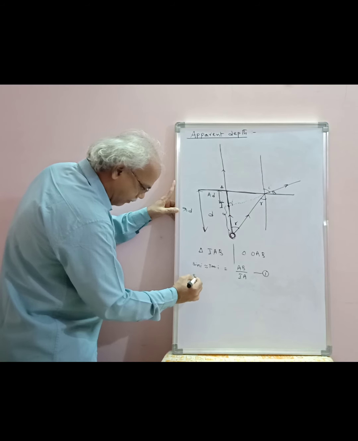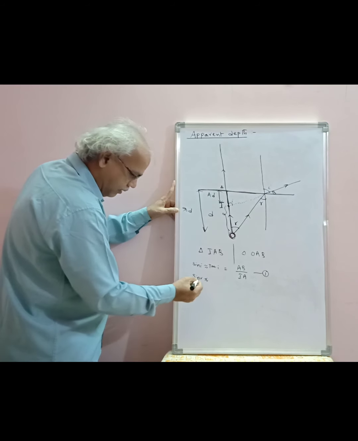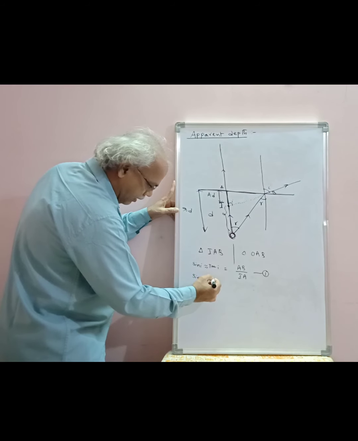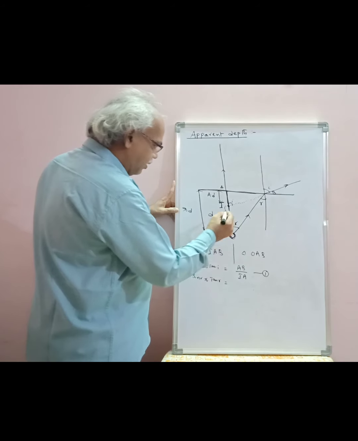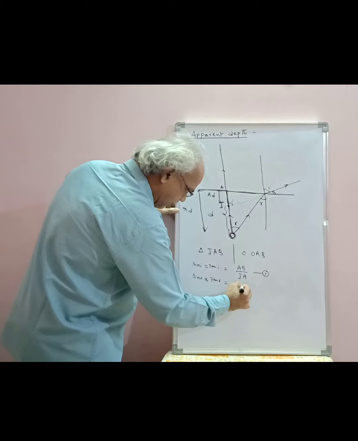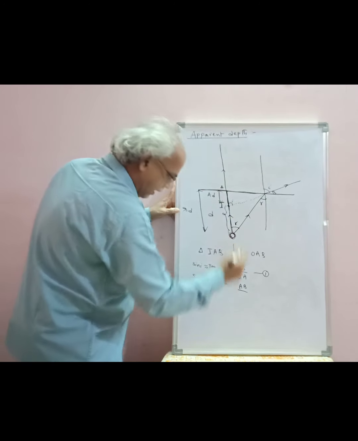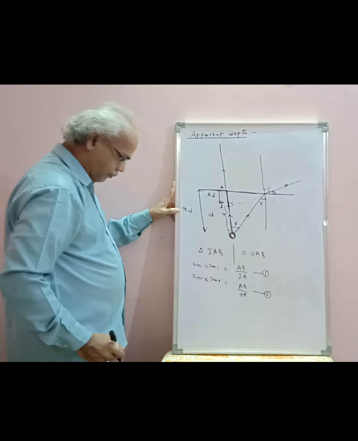And sin r is very small, this angle of refraction r is very small, so sin r is also equivalent to tan r. Tan r is equal to AB by OA. It is equation number 2.